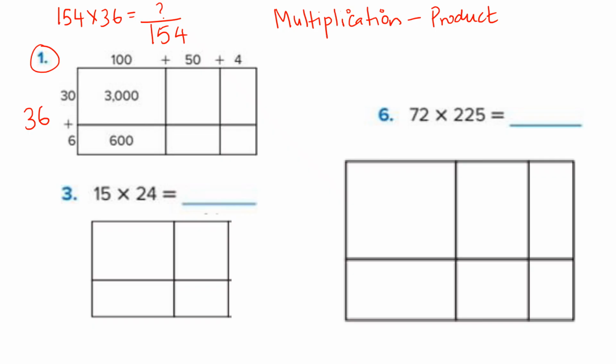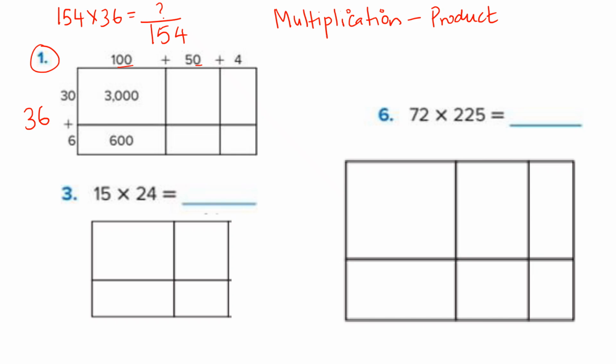We are going to divide the big number, 154, into 3 easy parts, 100 plus 50 plus 4, which are easy numbers, having zeros in the end, so that we can do the multiplication in an easy way.